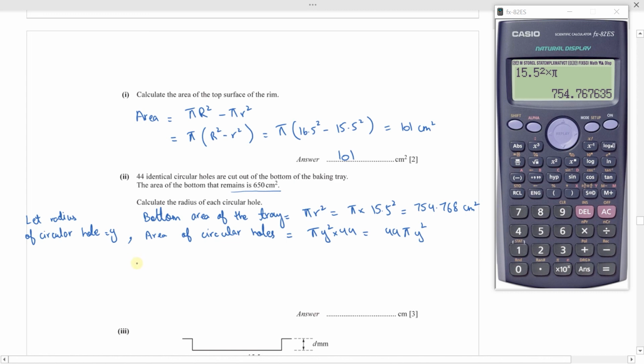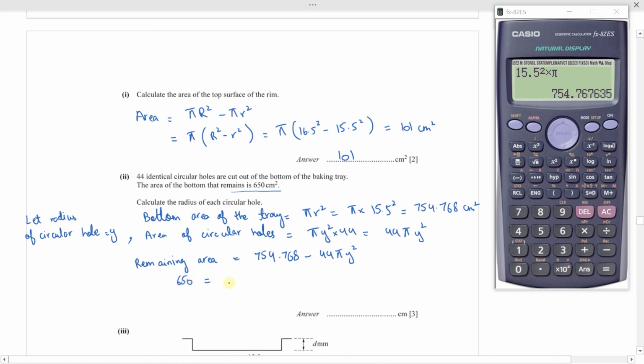And then the remaining area will be equal to 754.768, which is the total area of the bottom of the tray, minus the area which is cut out, which are these holes, 44 pi y square. And you're given that the remaining area is 650.